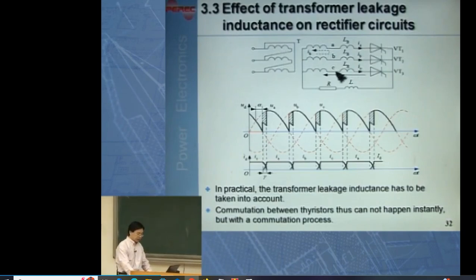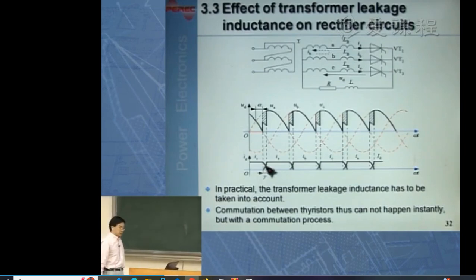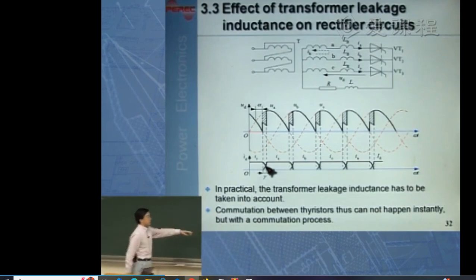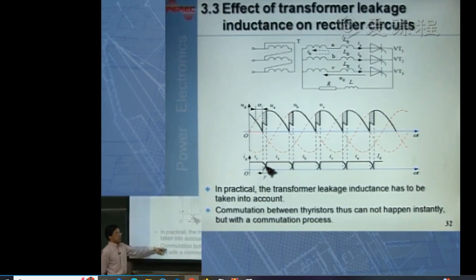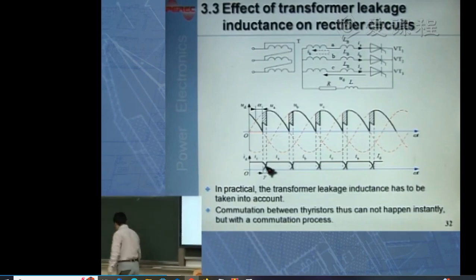The current IC changing from ID to 0 will also take certain time. And the current will change gradually. So the statement here is: commutation between thyristors thus cannot happen instantly, but with a certain commutation process.